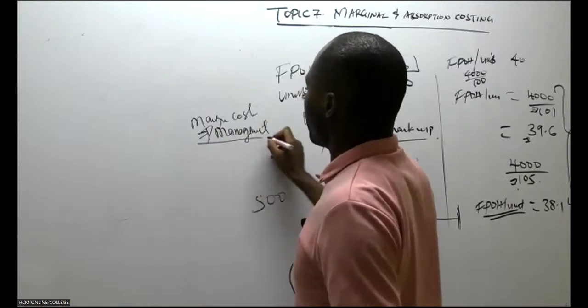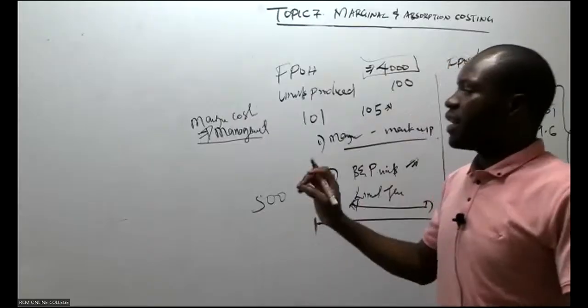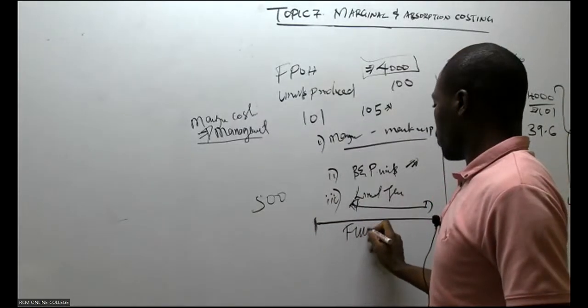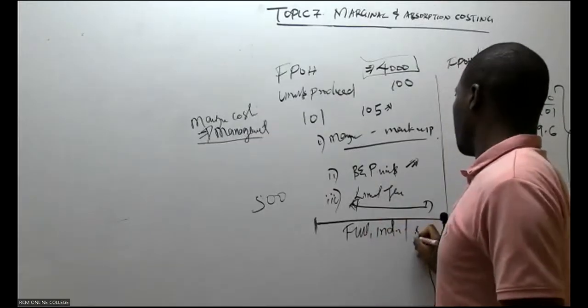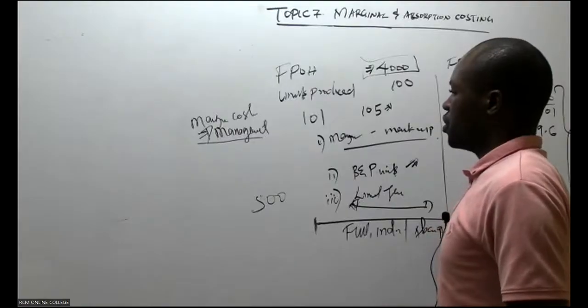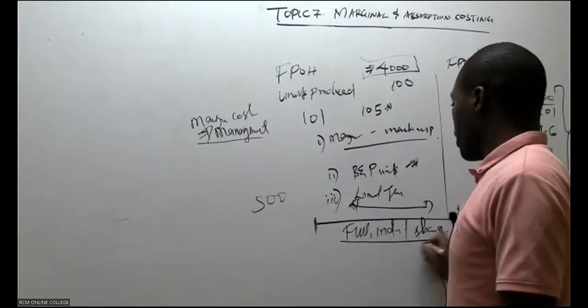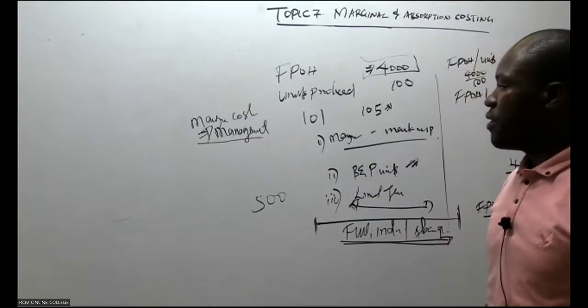It is being used when preparing management reports. But when we are going to prepare published financial statements, you basically use full or absorption costing. That's what you use to publish the financial statements.